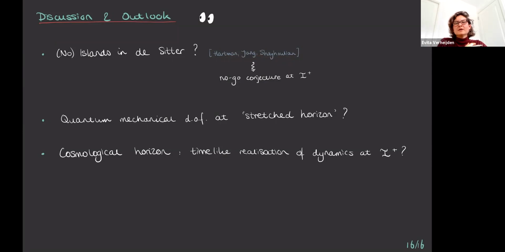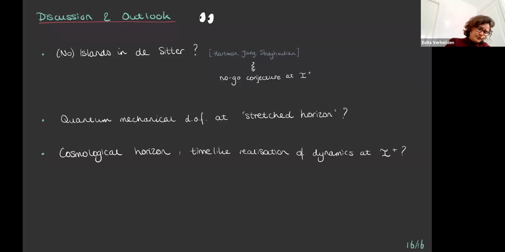They were also considering what would happen if you look at pure de Sitter in higher dimensions or in 2 dimensions, and they formulate a sort of no-go conjecture that you would find no islands for an entangling region at future infinity. This is consistent with what we're finding, because indeed we don't find this change in minimal surface at future infinity, contrary to the static patch.